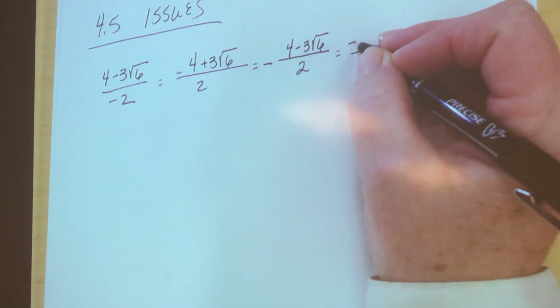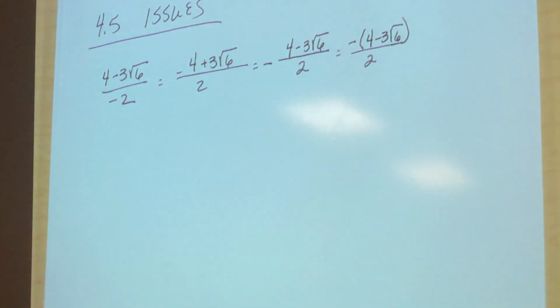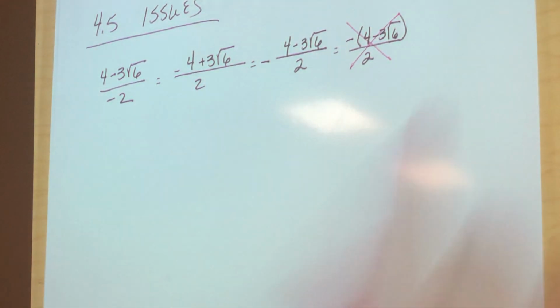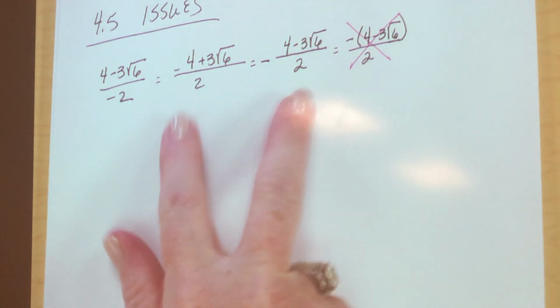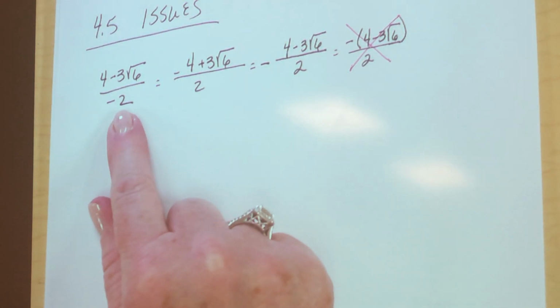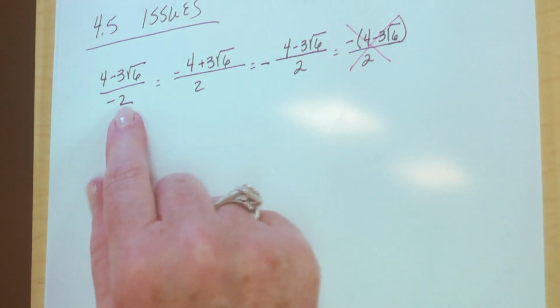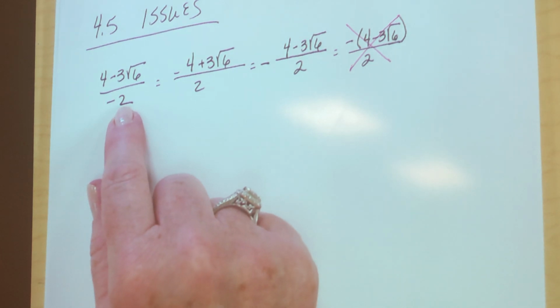Can I push the negative up to the top, but then put that in parentheses? Yes or no? Yes. I don't like this because this just says that you were either too lazy to pull that negative through those parentheses or you didn't know how, okay? So I don't like this way. Either one of these are okay with me. I don't have a problem with this. If you left it like this, I gave you credit for it. I don't really care. But I do want you to understand that on a standardized test or, pardon me, if you were looking in the back of a textbook, it would not have an answer that looked like this.